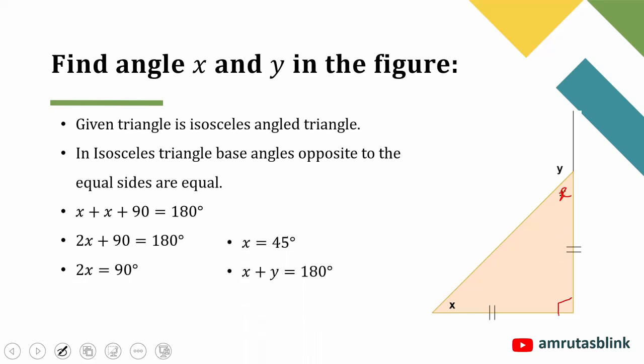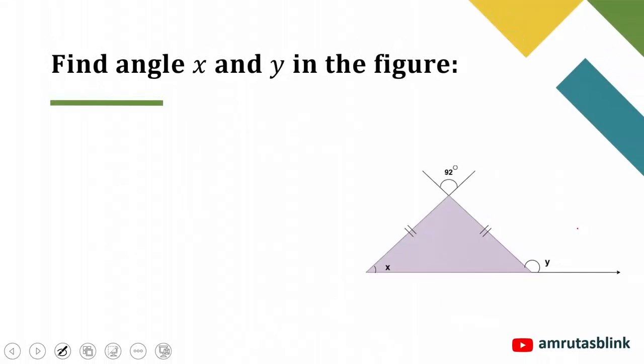And now this x and y are linear pair. So x plus y is equal to 180 degree. 45 plus y is equal to 180 degree, hence y is equal to 180 minus 45 is equal to 135 degree.